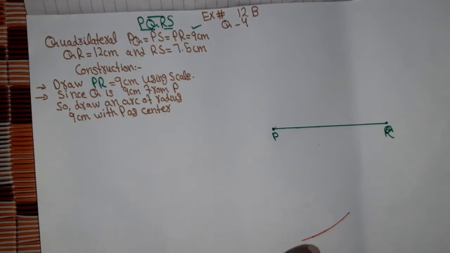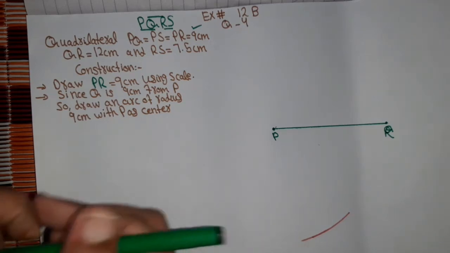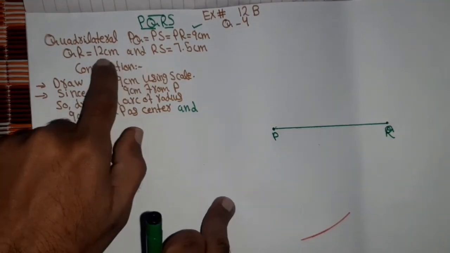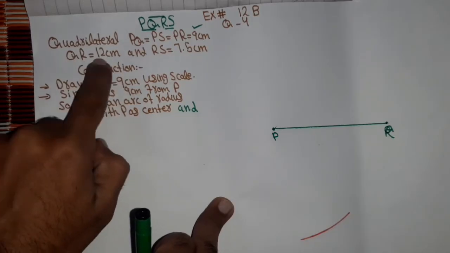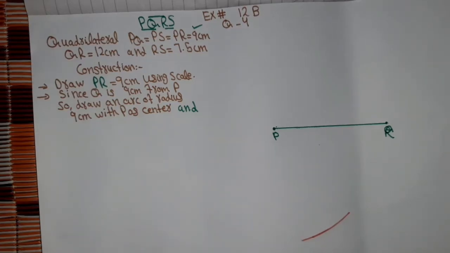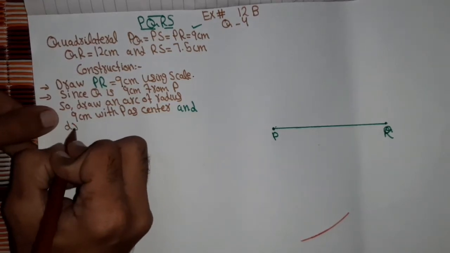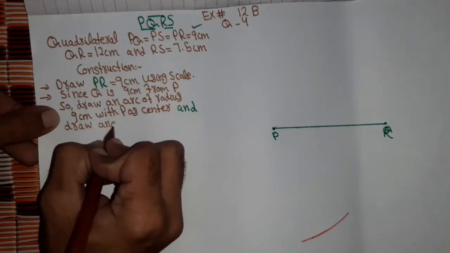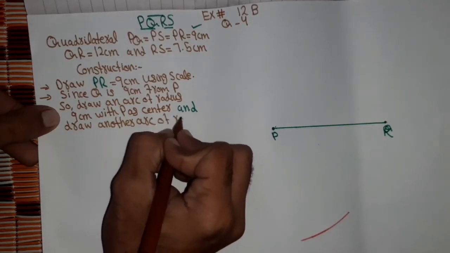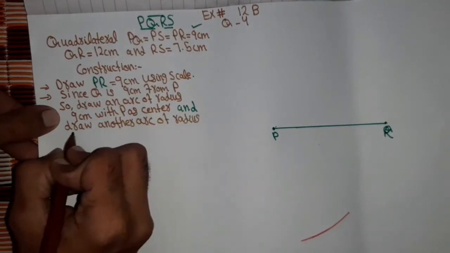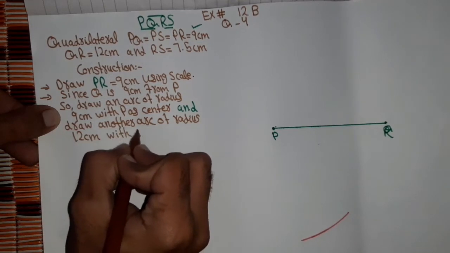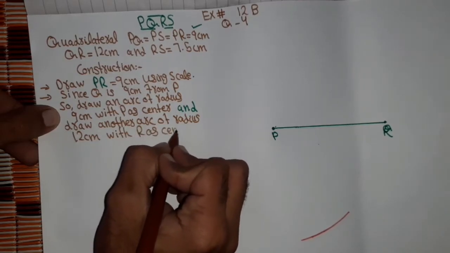So this is an arc, and as Q is 12 centimeter from R, QR means Q is 12 centimeter from R, draw another arc of radius 12 centimeter with R as center.